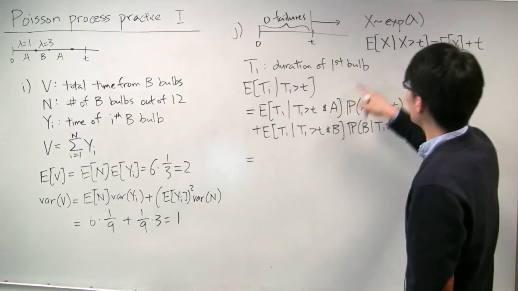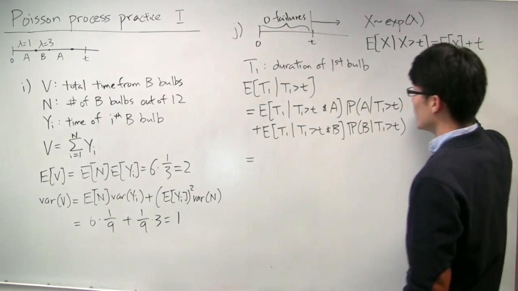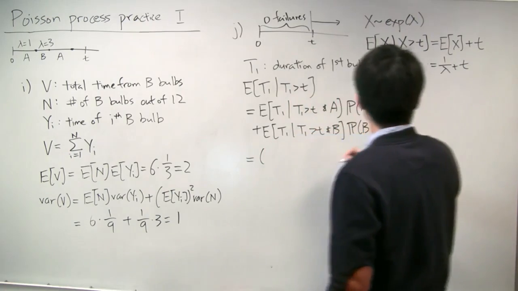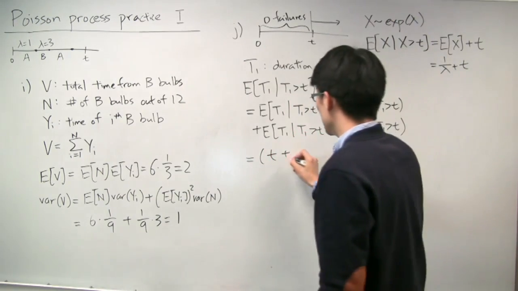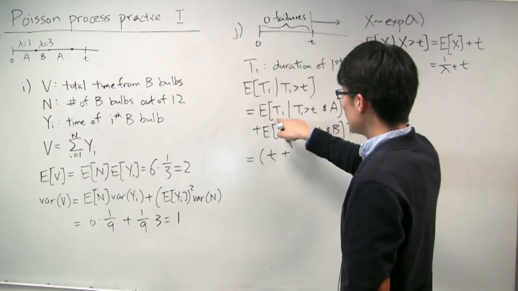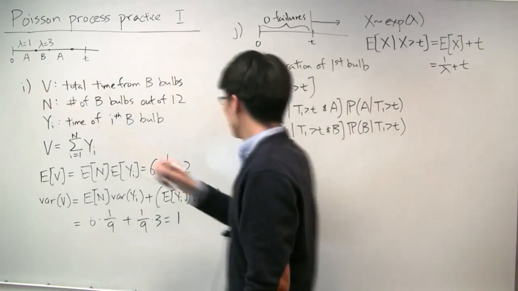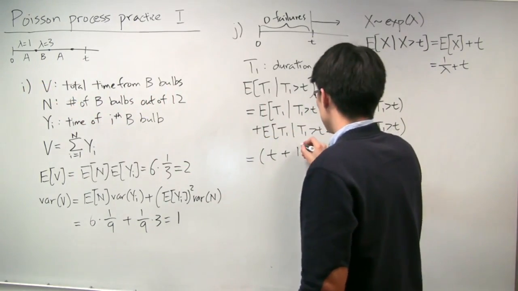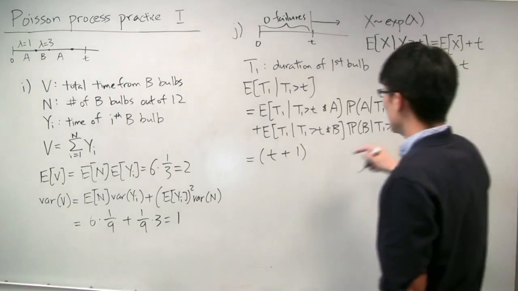So now we can go back to the memoryless property and use what we found there. So this is in fact equal to the t that we know has lasted already, plus an additional expectation of an exponential with parameter 1. So it's t plus 1. Or we can also get that from here, 1 over lambda plus t.